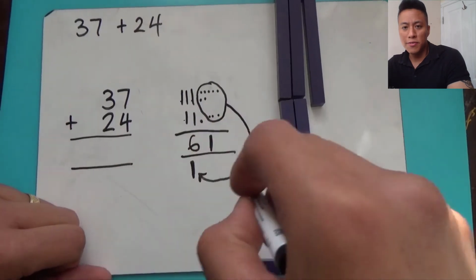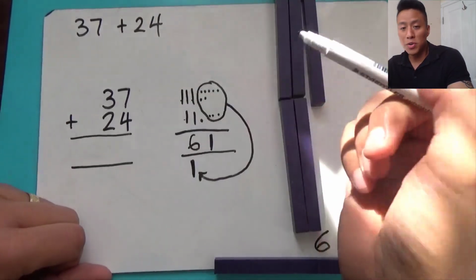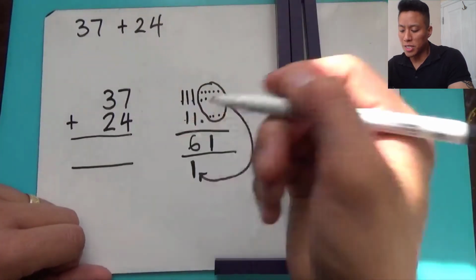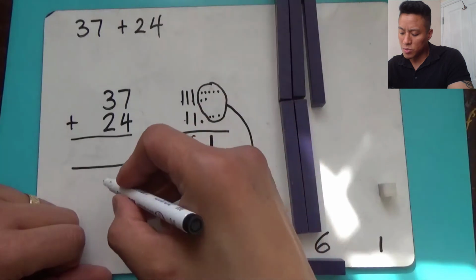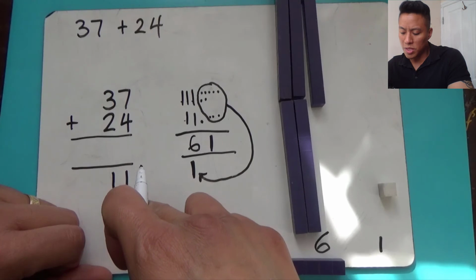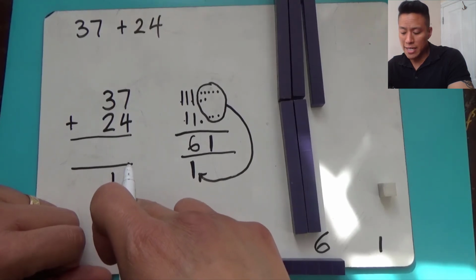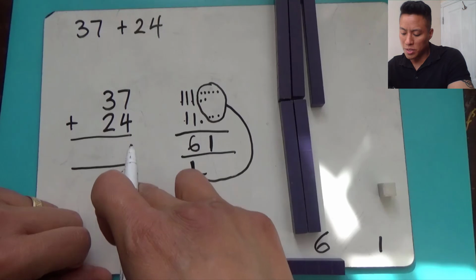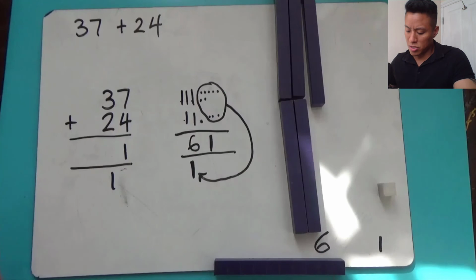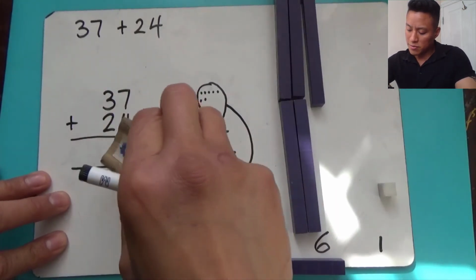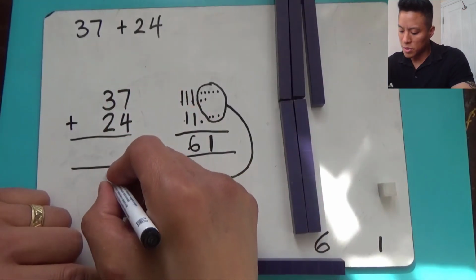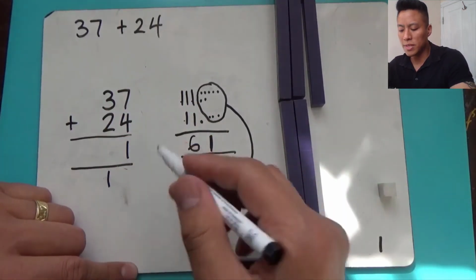Now 7 plus 4. We know that 7 plus 4 is 11. We worked it out here and we've shown it here. So how are we going to write the number 11? 1 in the tens column, 1 in the ones column. I'm going to leave this ten here because I've got my digit for the ones column. So 7 plus 4 equals 11, written with 1 in the tens column and 1 in the ones column.